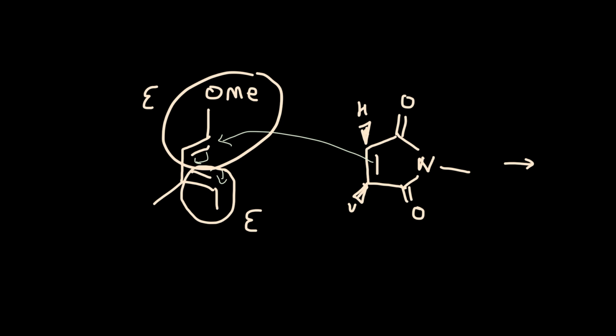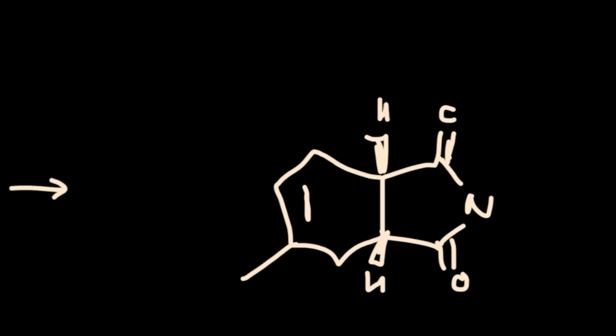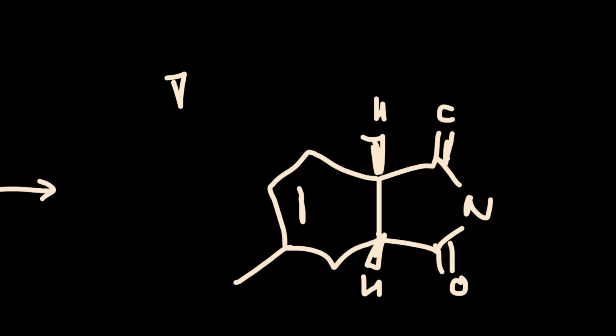But because both of these are E, that means these 2 branches are on the same side of one another. So that means you would need to draw either 2 wedges or 2 dashes.